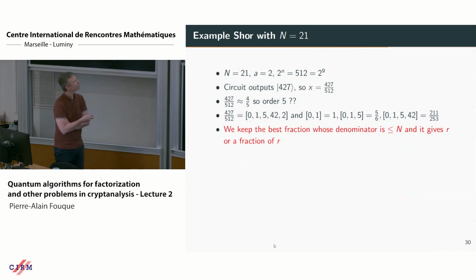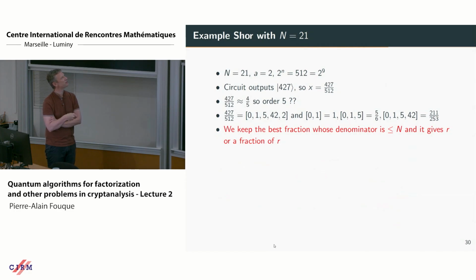So for instance, if I divide this value by 2 to the n, as before, I will get this value. One thing that you can do is notice that it's about 4 divided by 5. But if you do this, it will not give you exactly the right order, because 5 is not the correct value.